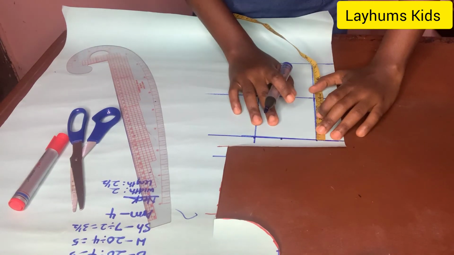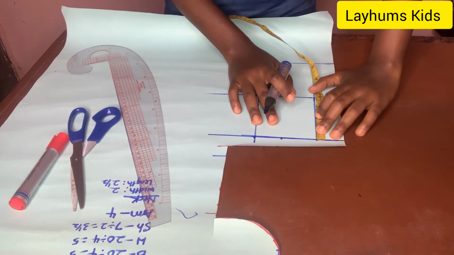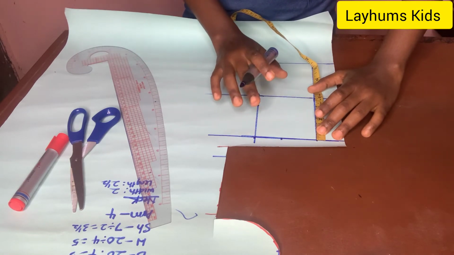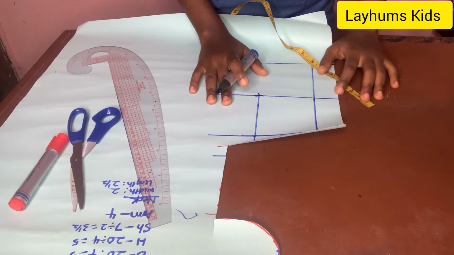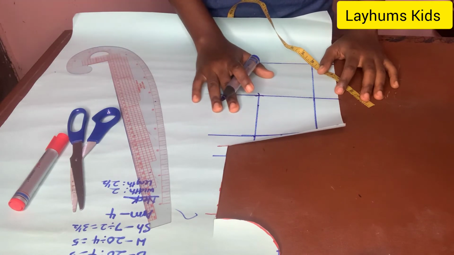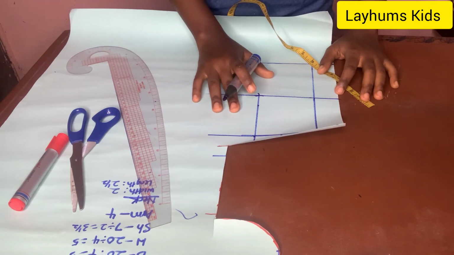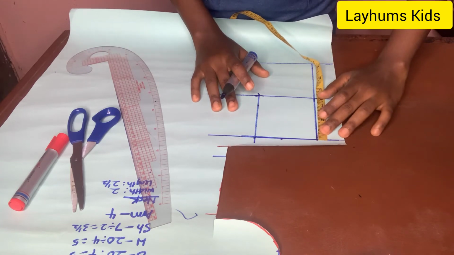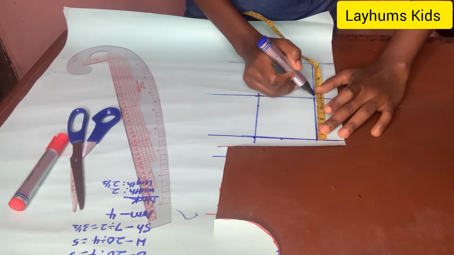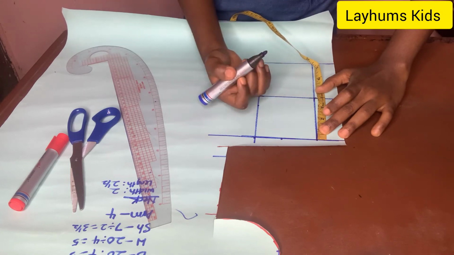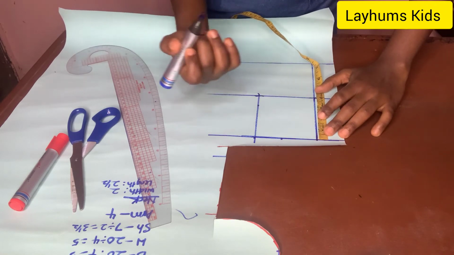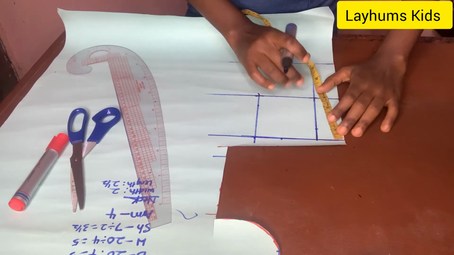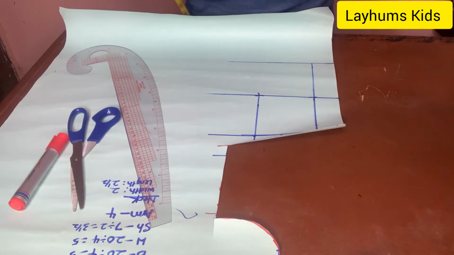In the depth, you can decide to take it as low as you want it to be, but I won't make it too low because it's a child's measurement and I won't want the dress to be uncomfortable for the child. Depending on what you want, I'll take 4 inches. And if it's a high neck, I can make it 1 inch, or anything you want you can do for the back.